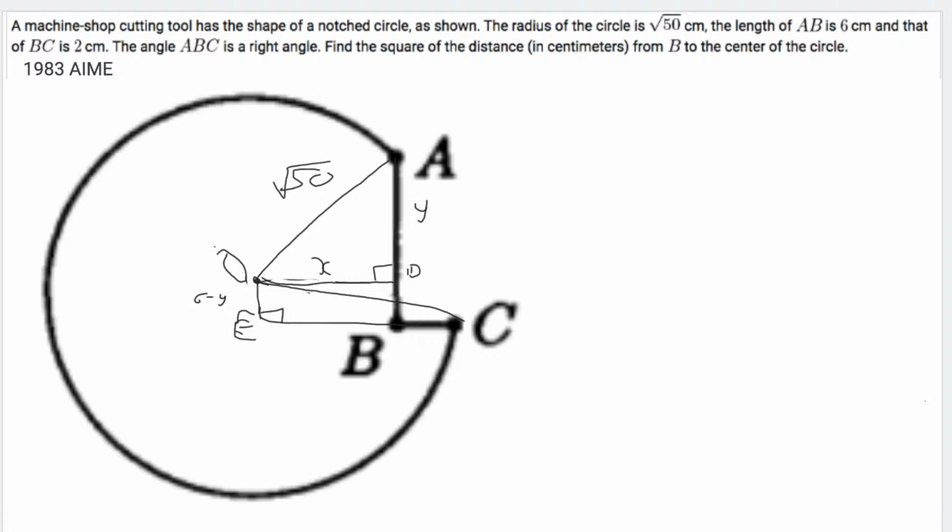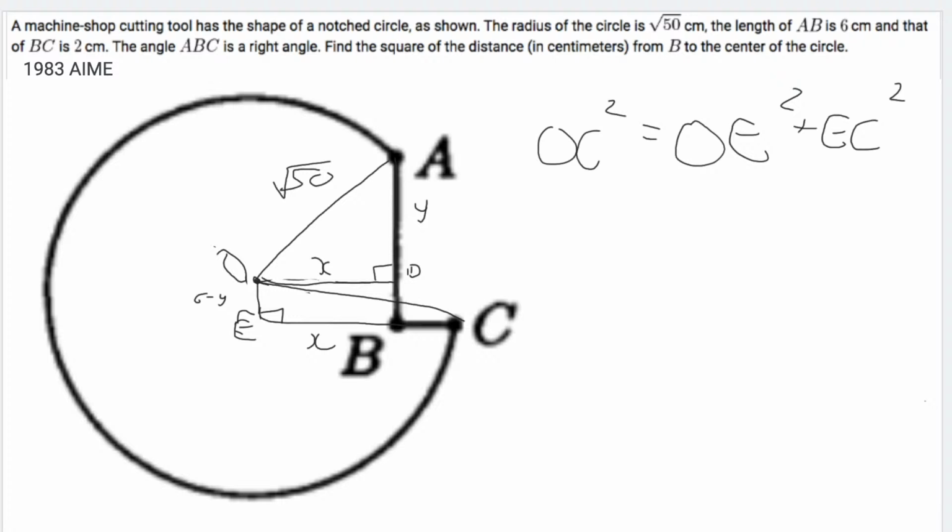So we know that OD is X. That means EB is also X because it's just a rectangle. And to find OC, to make a Pythagorean relationship, OC squared equals OE squared plus EC squared. Now we're going to solve the problem.